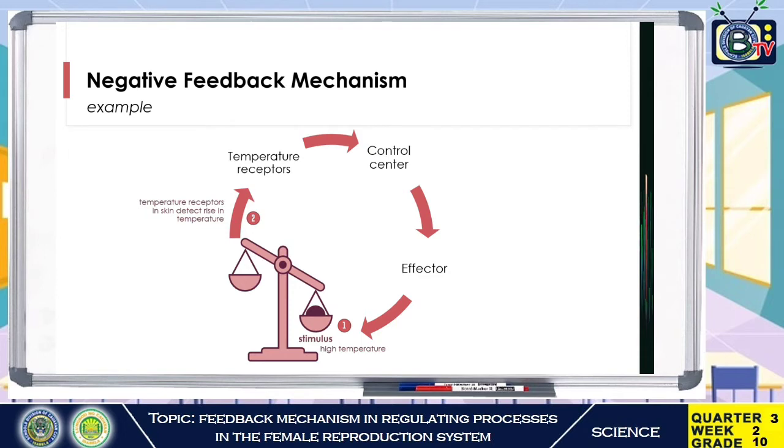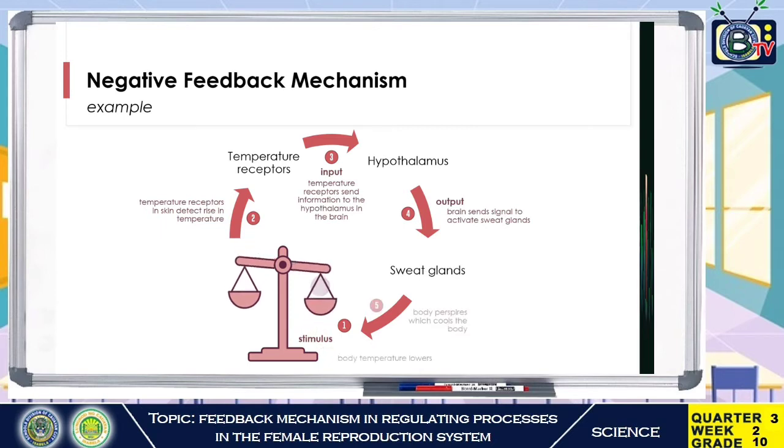These temperature receptors then send the information to the hypothalamus in the brain. The brain sends signals to activate the sweat glands, which cause them to produce sweat, which cools the body and lowers the body temperature. Sweating opposes the initial rise in body temperature.